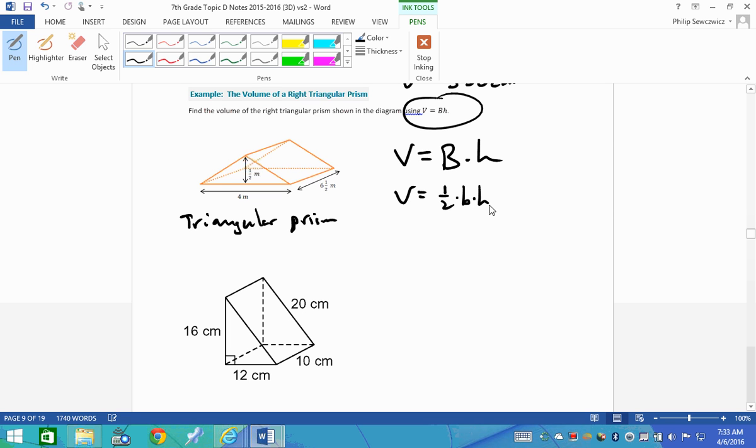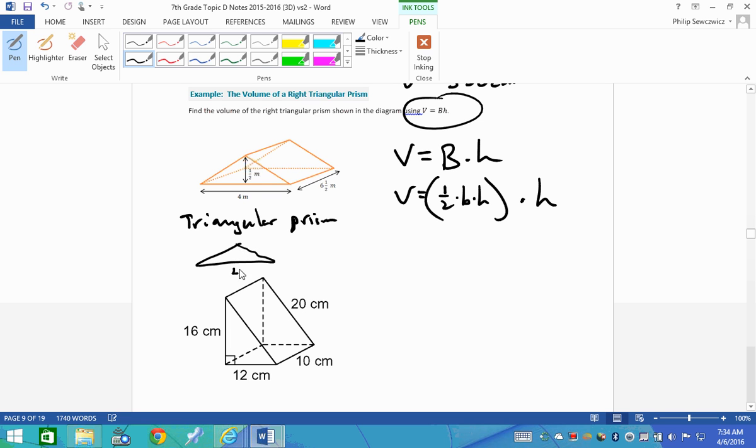Now, here's the thing: is this height the exact same as this height? I'm wrapping this in parentheses so we can show it's coming from here. No, remember, this is the height of the prism. This is just the height of that particular base. As we saw from before, sometimes it's easier to draw the base out so you can see what you're using.